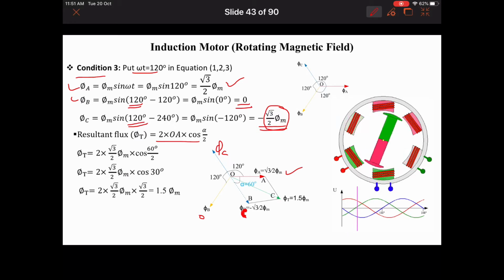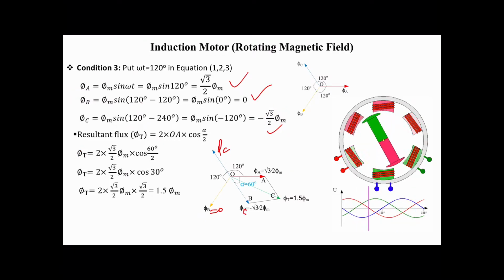The resultant flux phi t is equal to 2 into OA into cos alpha by 2. The value of OA is root 3 by 2 phi m, and alpha is 60 degree. So I have substituted the value of OA and alpha in this equation. Phi t is equal to 2 into root 3 by 2 phi m into cos 30.